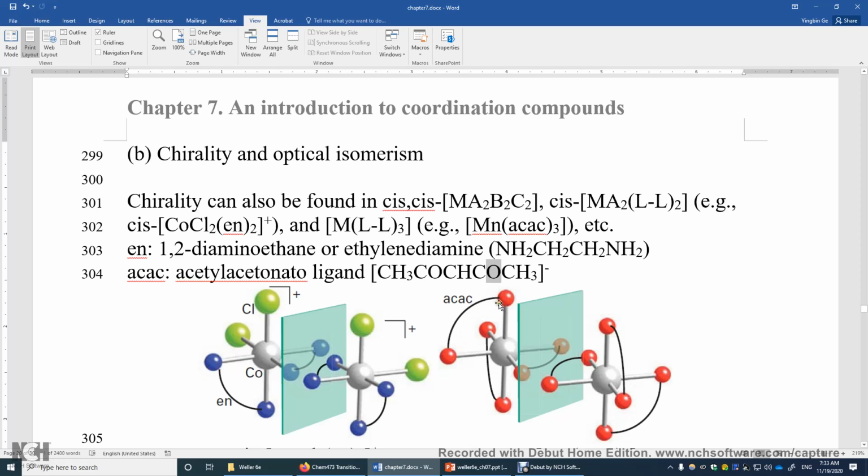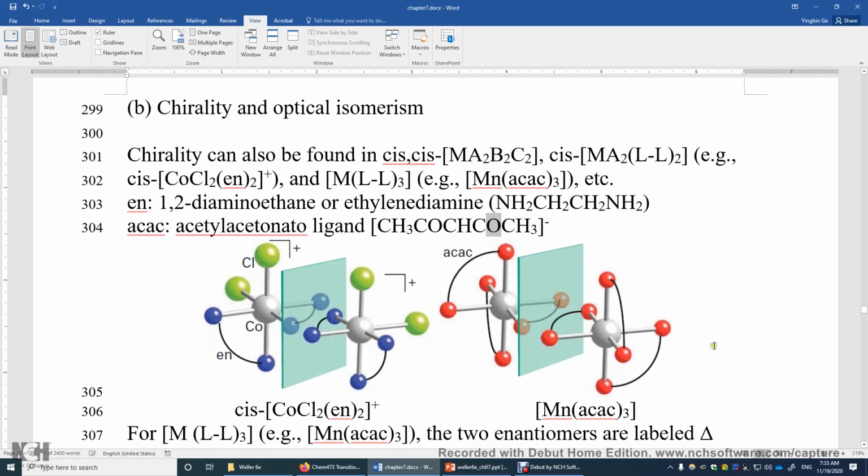So it's illustrated here. This is 1 ACAC, second, third, 1, 2, 3. If you look at this structure carefully, it does not have a center of symmetry. All right, and of course, you can say, well, if we do inversion from here to here, if you just look at the red spheres, that's right.